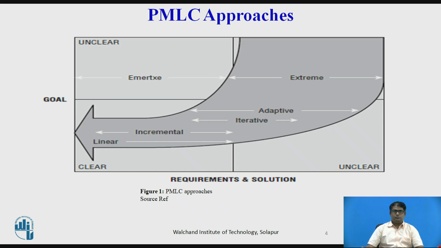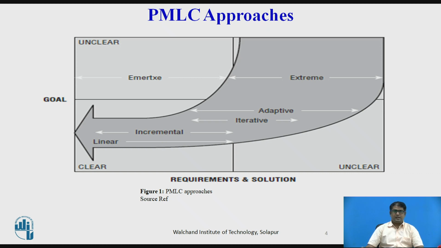Here the figure shows how the five project management lifecycle models are distributed across the four quadrants of projects. Note that there is some overlap. It would be seen that as the project solution and its requirements become less clear, the best fit PMLC could be chosen from among the linear, incremental, iterative, adaptive or extreme.